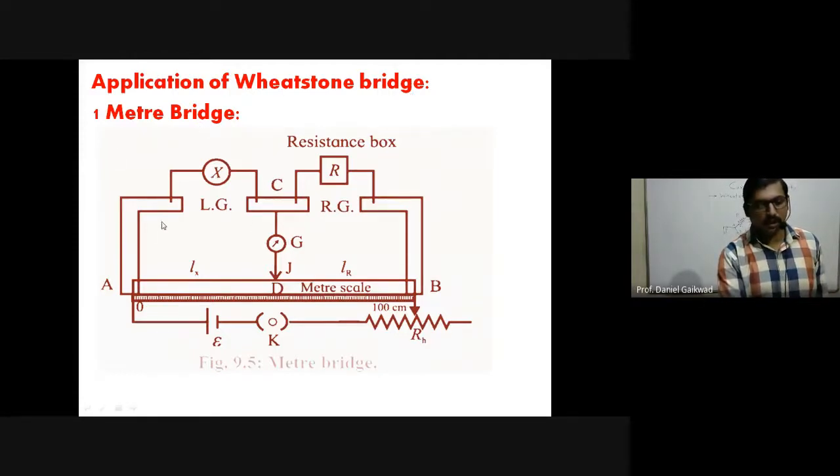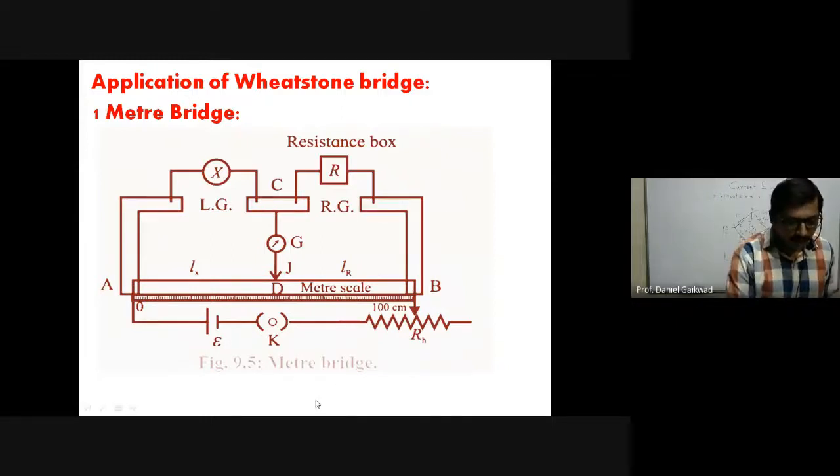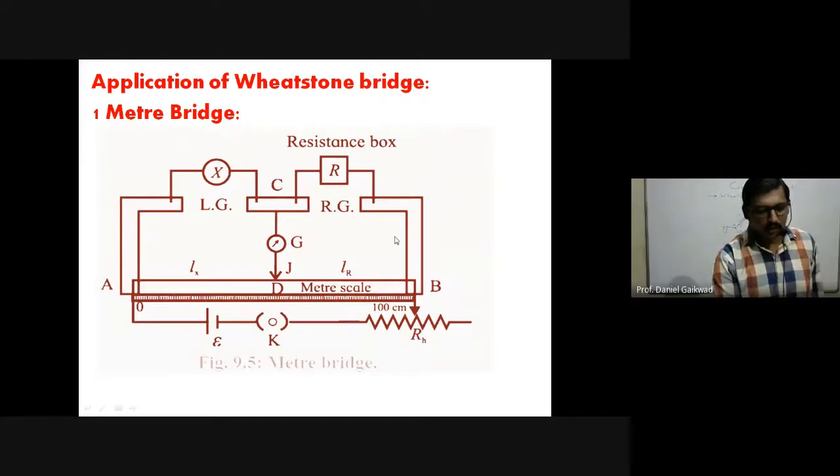Now check the circuit diagram. So these will be metal strip A, then metal strip C and metal strip B here. Check carefully.